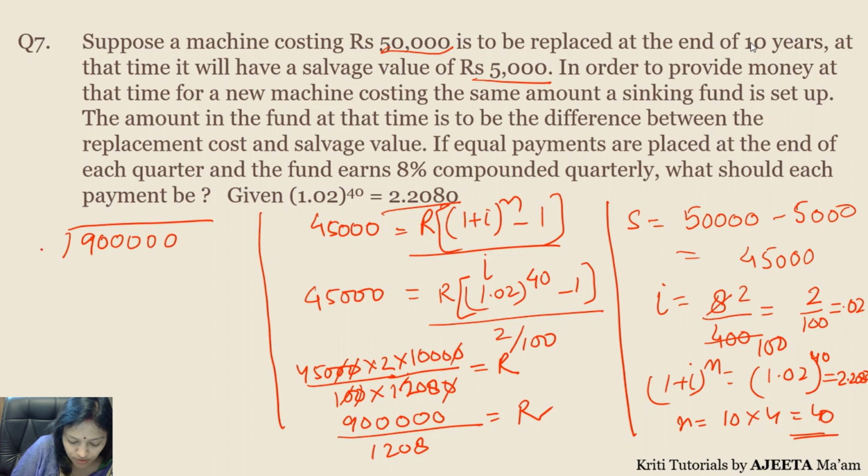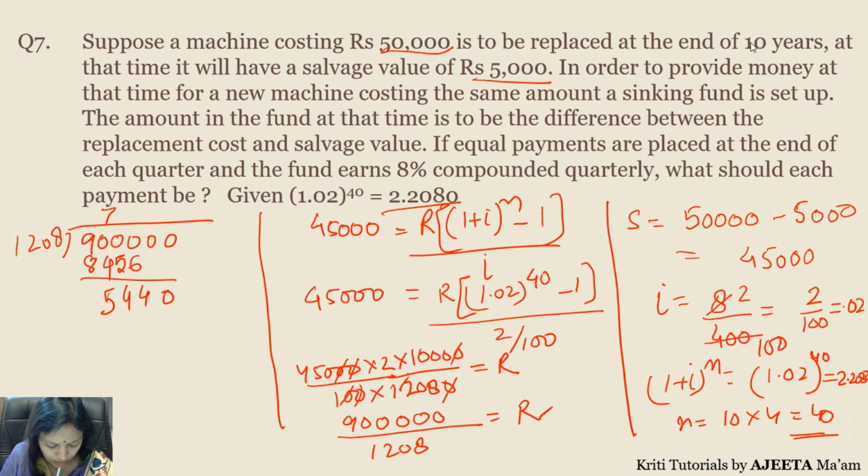9040 and 1208. Let's do it by 7 first. So 7 8s are 56, 4 and 1, 44, and here we get 95. Now we get here 5440. So let's do it with the 7 ones are 7, 5 ones are 5, but 5 many I got to carry forward. 42, 4 2s are 8, 4.